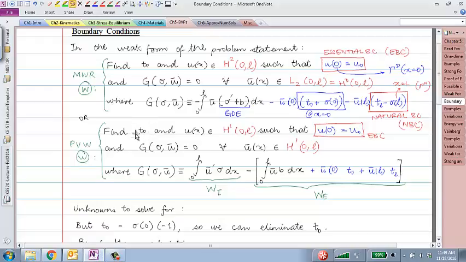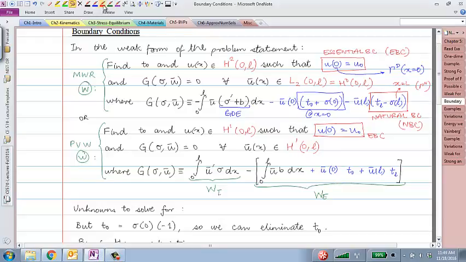So we can actually eliminate T0 from this expression or from this expression by doing something. Can anybody think of how to eliminate T0 from this equation or from this equation? T0 is an unknown that we can easily eliminate by choosing u bar 0 to be equal to 0.